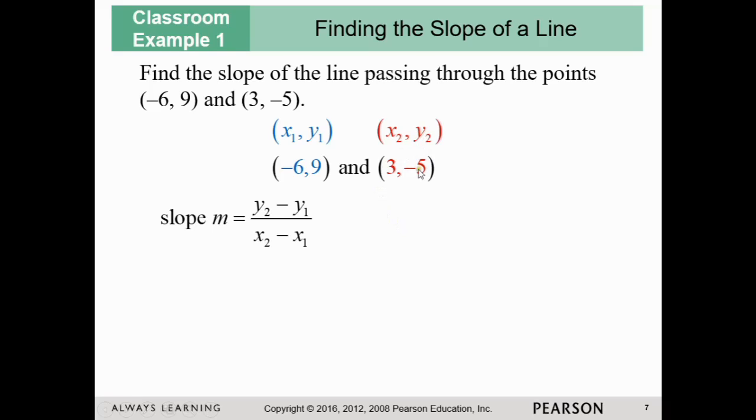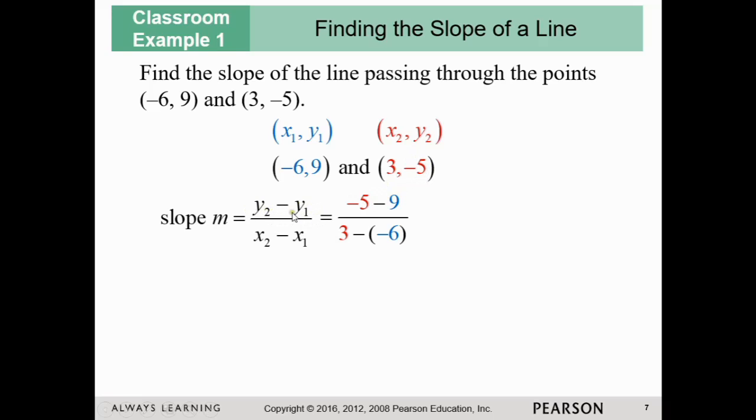And so we would take y2 here, which is -5. Y1 is 9. And then x2 is 3. And x1 is -6. A couple things to keep in mind here when you do this. Notice that the -5 is the y-coordinate. Y is on top. That's the first thing to remember.